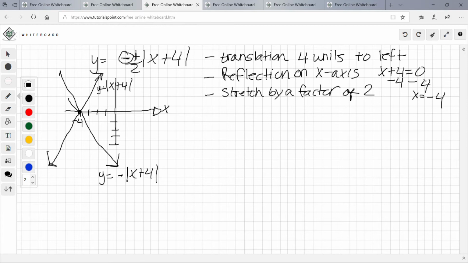Okay, so this 1/2 means it's being stretched by a factor of 2. So for this one, you can actually, I will make this more. One, 2, 3, 4.